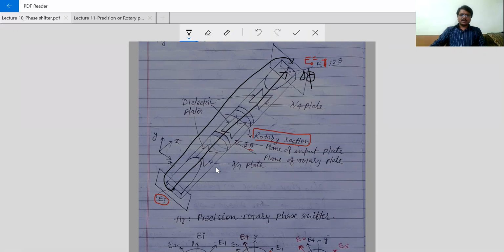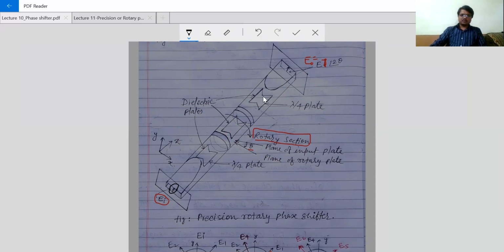by 4. As we have discussed in the previous lecture, the angle between the input electric field Ei and the plane of the lambda by 4 plate is 45 degrees apart.